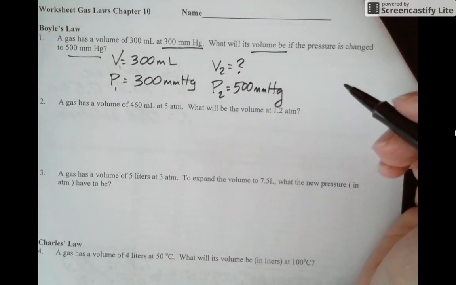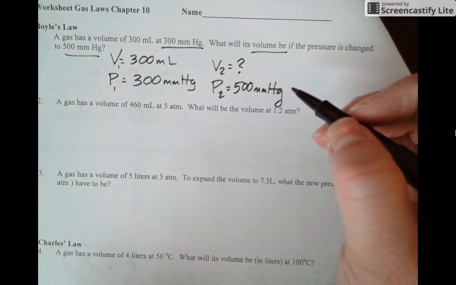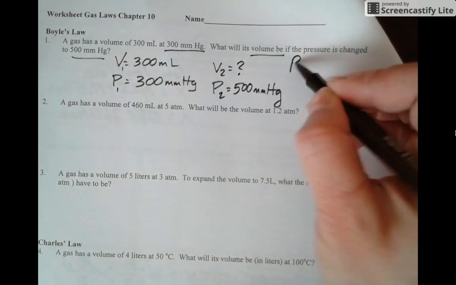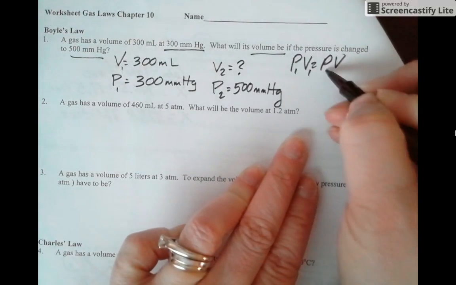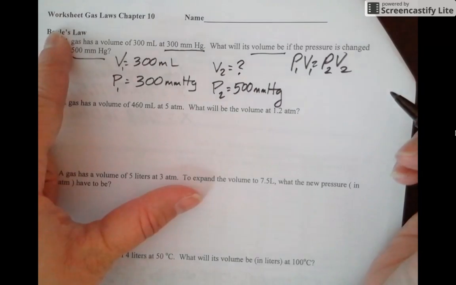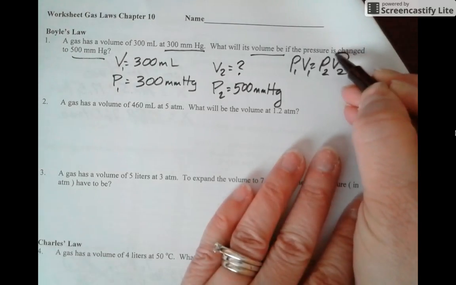So we have P and V. T is the only variable that goes on the bottom. So what do we do with P and V? We just multiply them because only T goes on the bottom. So it's Boyle's law, right? There's no T, so nothing goes on the bottom. So we are solving for V2.